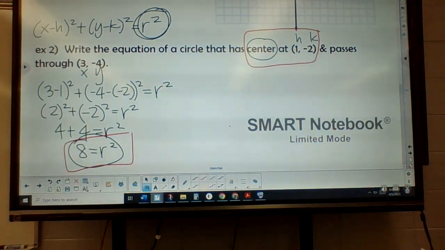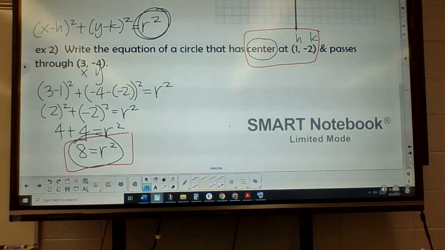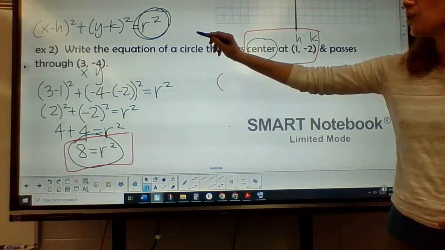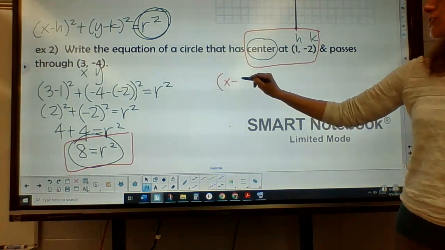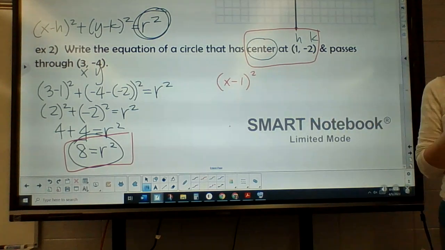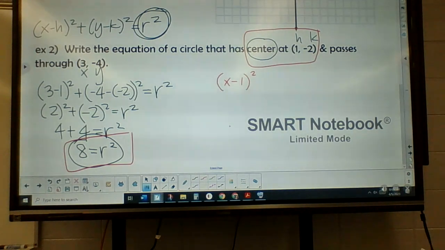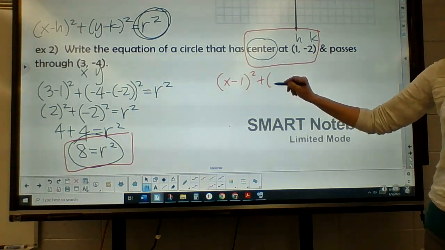So again, when we write our standard form like we did for slope-intercept form, we put h and k, or we leave the x and y as variables. So we're going to do x minus h, and again, I'm leaving the x as an unknown now because we don't want a specific point, we want the whole set of the circle. Then we're going to do y minus k.